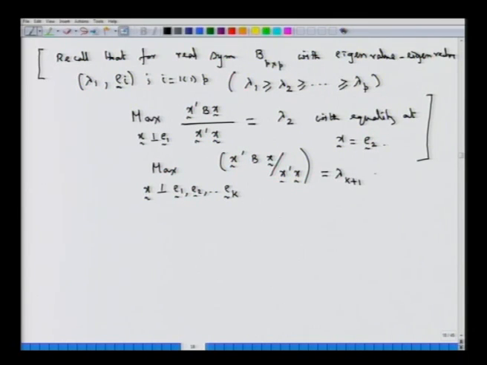It is a nice result, with equality at x equal to E k plus 1.